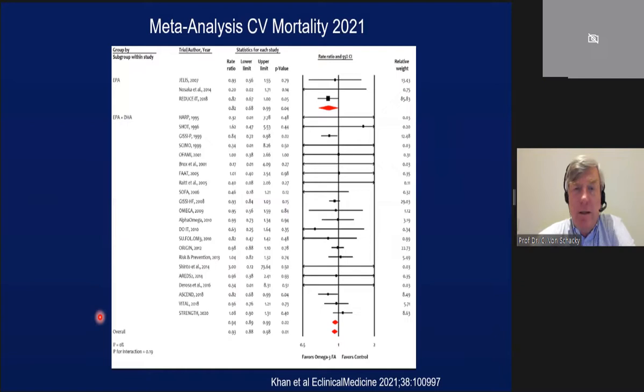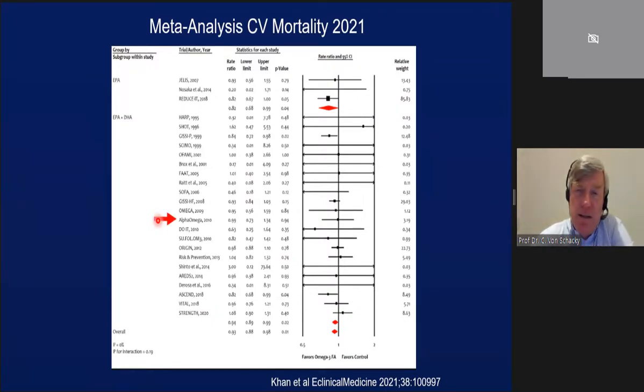Now, you've seen all these meta-analyses maybe that didn't show much in past years, but the more recent meta-analyses show more positive effects. This is a meta-analysis from last year. Overall, a positive effect of omega-3s. And one of the trials that's in here was the Alpha Omega trial. It was run in the Netherlands.